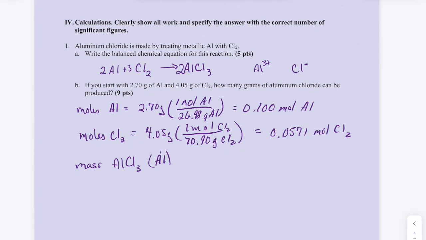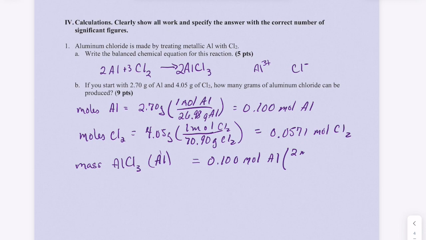All right, so we're going to have here 0.100 moles of aluminum. And I'm going to note based on my stoichiometry that I get 2 moles of aluminum chloride for 2 moles of aluminum. So it is 1 to 1, but I'm just going to go ahead and write that out.